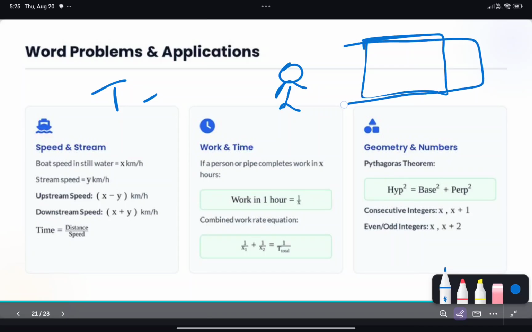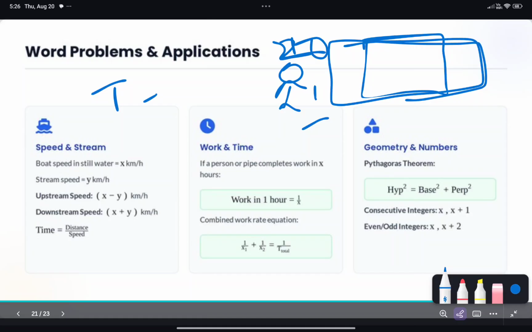Simply, this is a wall. This man can build this complete wall within 20 days. How much work was done in a single day? Yes, exactly, this is 20. So 1 by 20. Work in 1 hour means 1 by x. Work in 1 day means 1 by total time.